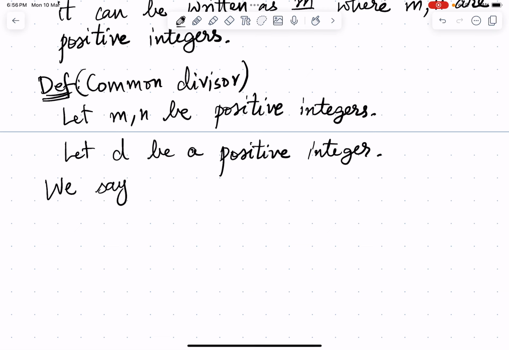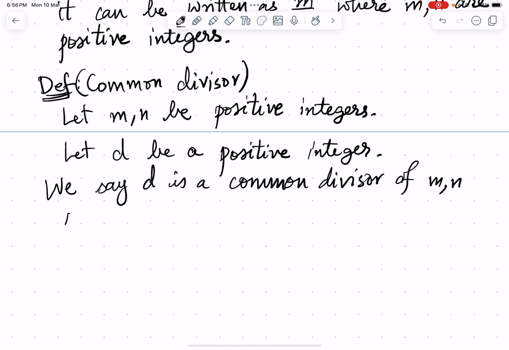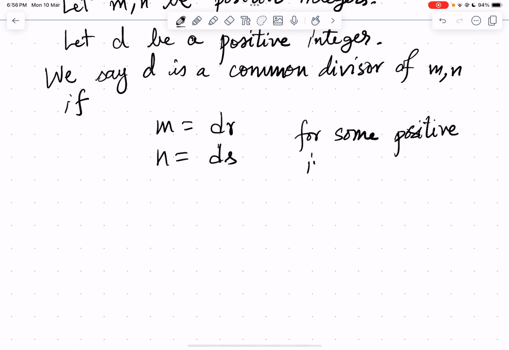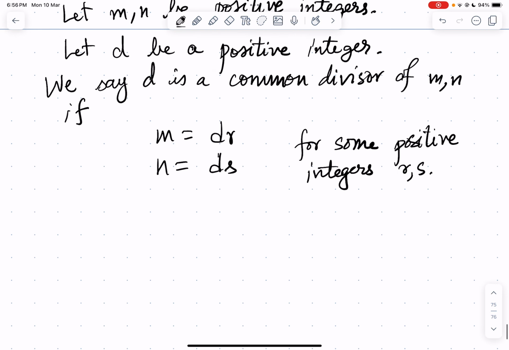We say d is a common divisor of m and n if m equals d r and n equals d s for some positive integers r and s. That is, both m and n are expressible as d times some positive integer.